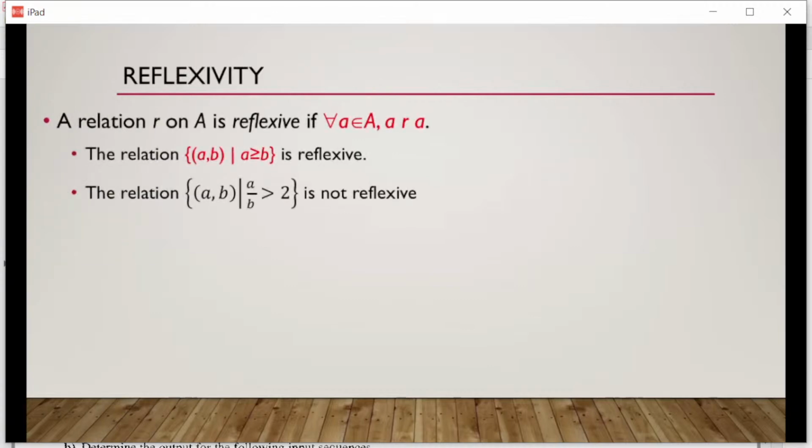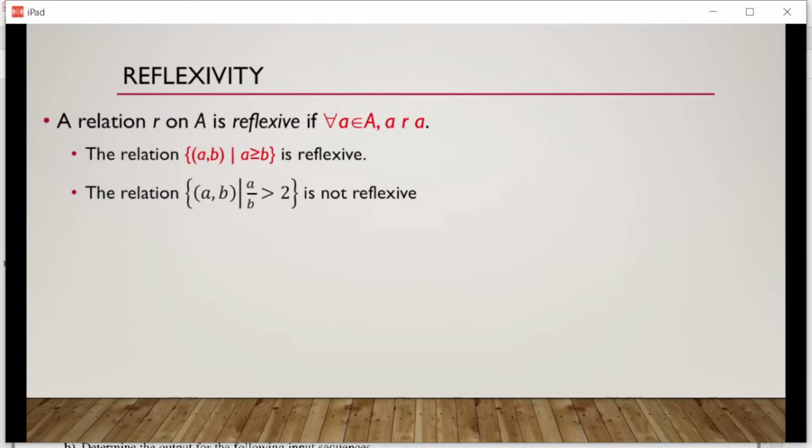So here's reflexivity. This is a mathematical description, but I'll give you a better description that's easier to understand in just a minute. All this says is that for every member of the set that we're interested in, that thing is related to itself.